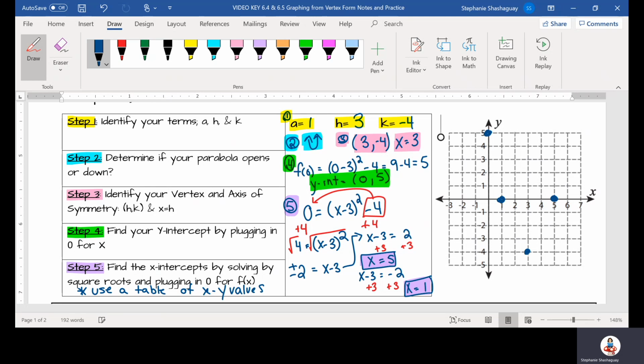And I can use my fifth point, I can just reflect it over the axis of symmetry, which I'll put in right now. So if I reflect that y-intercept over the axis of symmetry, I'm going to be right here. And there I have my parabola, or this function, from vertex form.